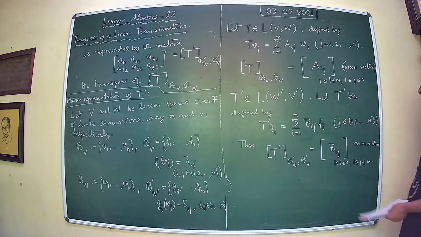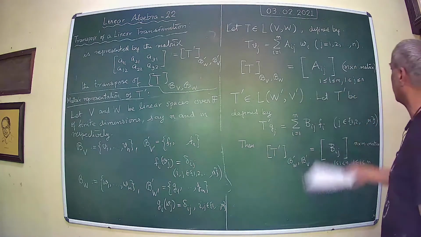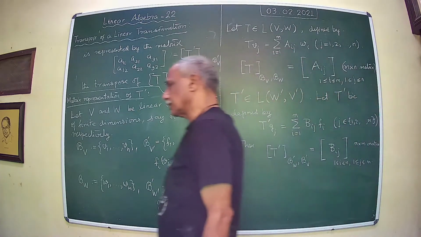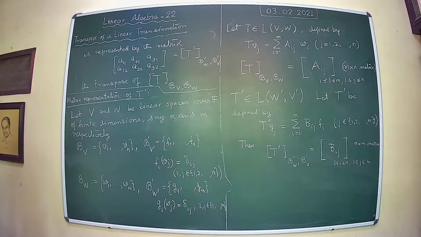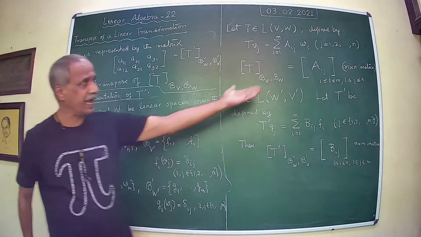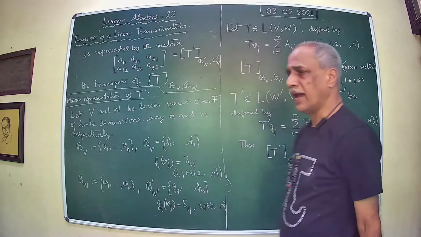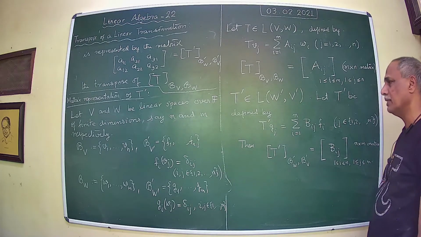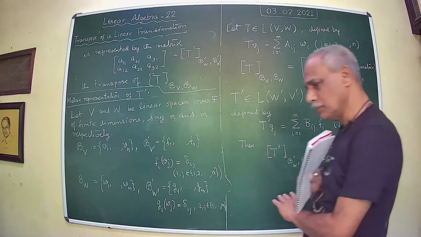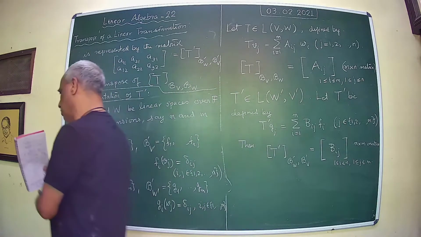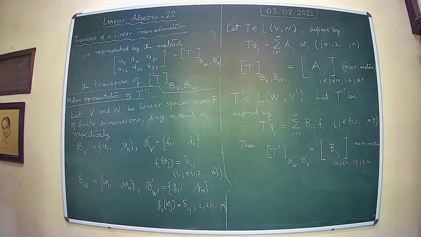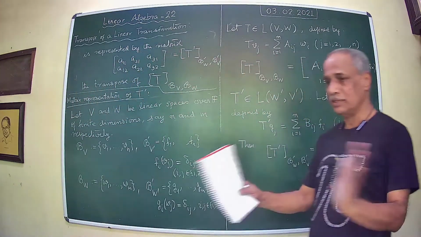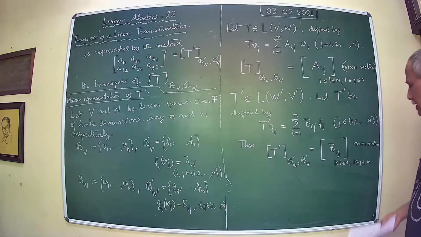So we know that if this is represented by an m by n matrix, then T prime is represented by an n by m matrix with respect to the dual bases. I mean, that is obvious. Okay. So you have got here aij's are mn scalars. So also bij's are mn scalars. So you are asking the simple question: how the bij's are dependent on the aij's. Now this is the basic question that we ask, or how these two representations are related.